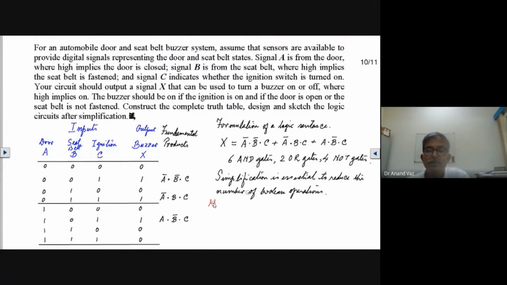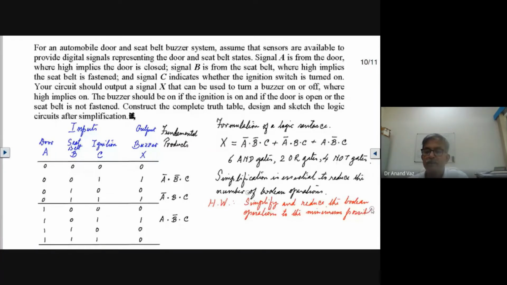So you may take this as a homework for you. It need not be submitted, but the work is that you have to simplify and reduce the Boolean operations to the minimum possible.